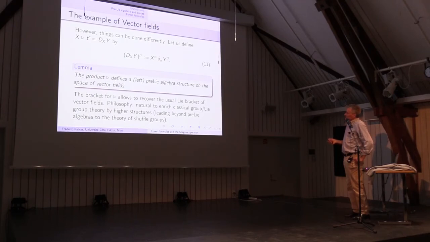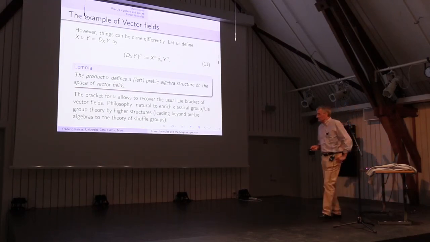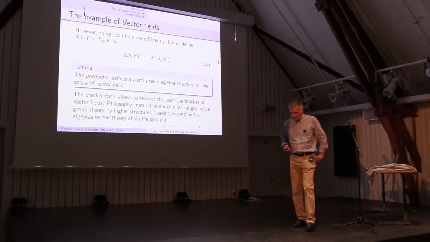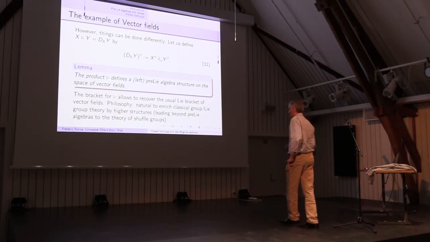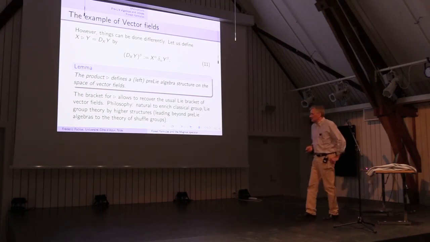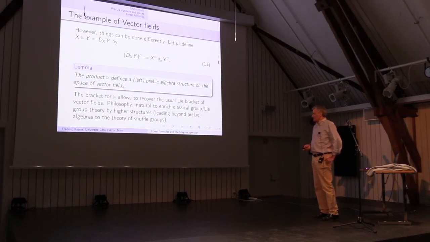So this defines a new product, and this new product defines a Pre-Lie algebra structure on vector fields. And if you antisymmetrize this product, you get a Lie bracket. So that's one of the most natural appearances of Pre-Lie products, and a reason why they appear very naturally in particular in numerical analysis, but also geometry, group theory, and many other places.